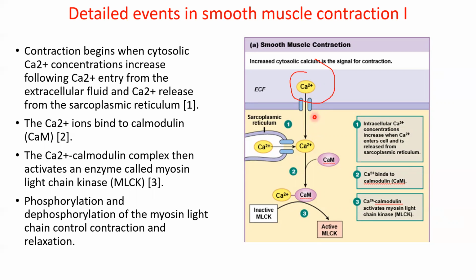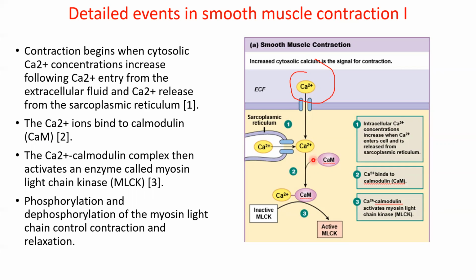That calcium has a purpose. In the skeletal muscle, that little bit of calcium that may have come in or did not come in has no purpose. This one does. What does it do? It brings about the release of calcium from the sarcoplasmic reticulum. Now you've got the calcium. The calcium binds to calmodulin, which is the same as troponin.